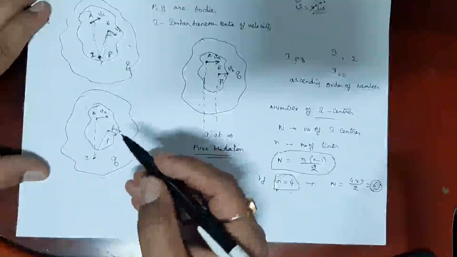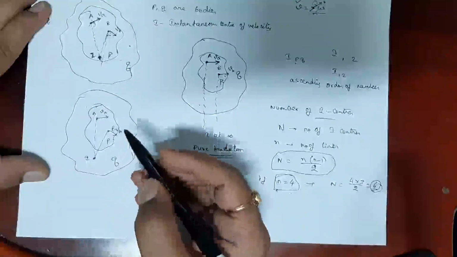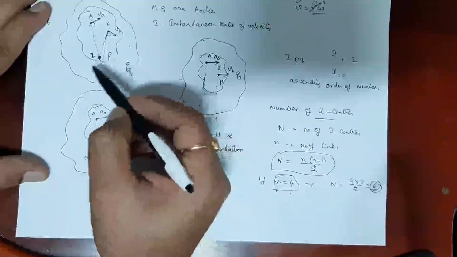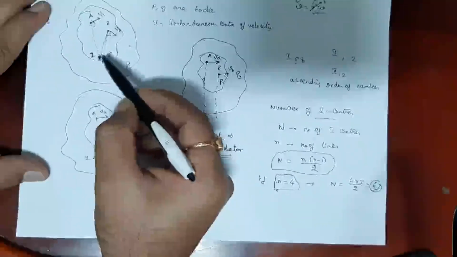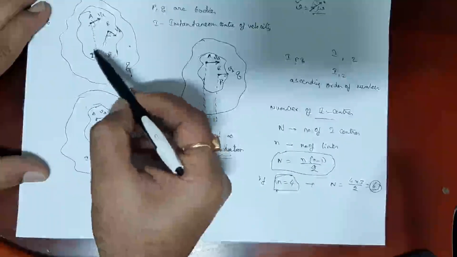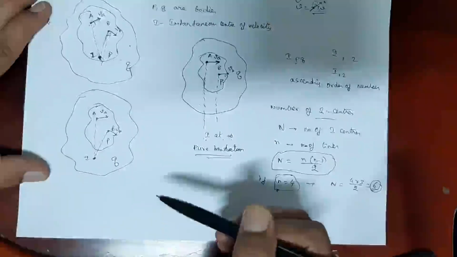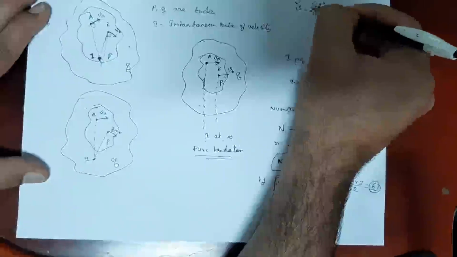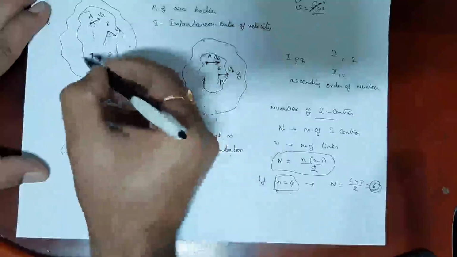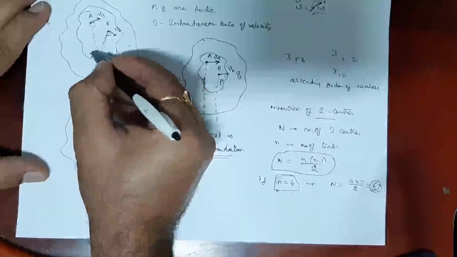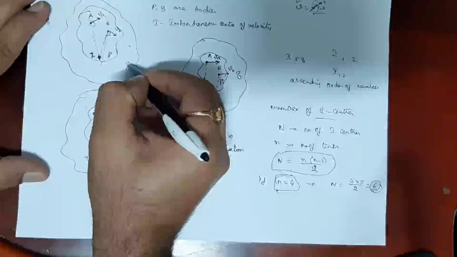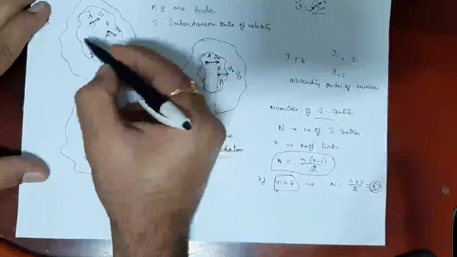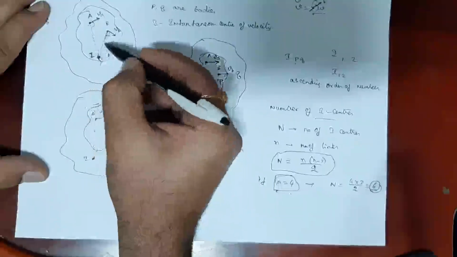Okay, and also you can say that there is no relative motion between the bodies at the I center. Because the distance is 0 at the I center, the bodies P and Q are relatively at rest, or otherwise you can say that there is no relative motion between the two at the I center.